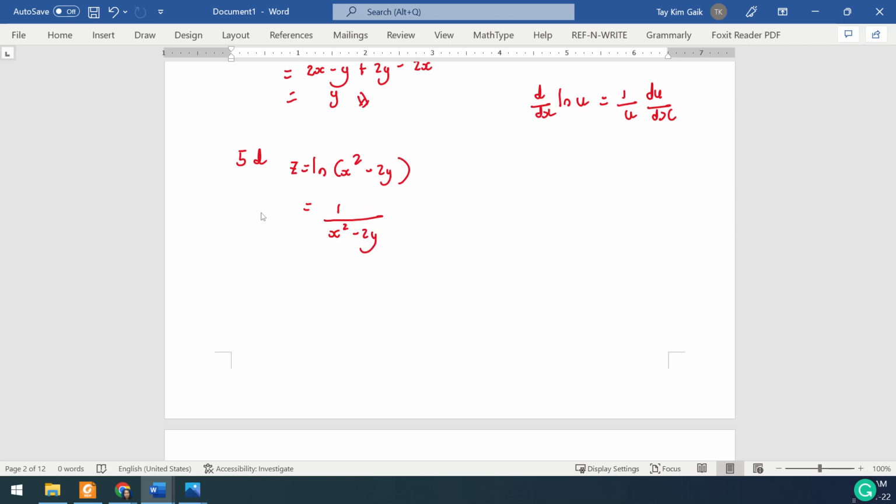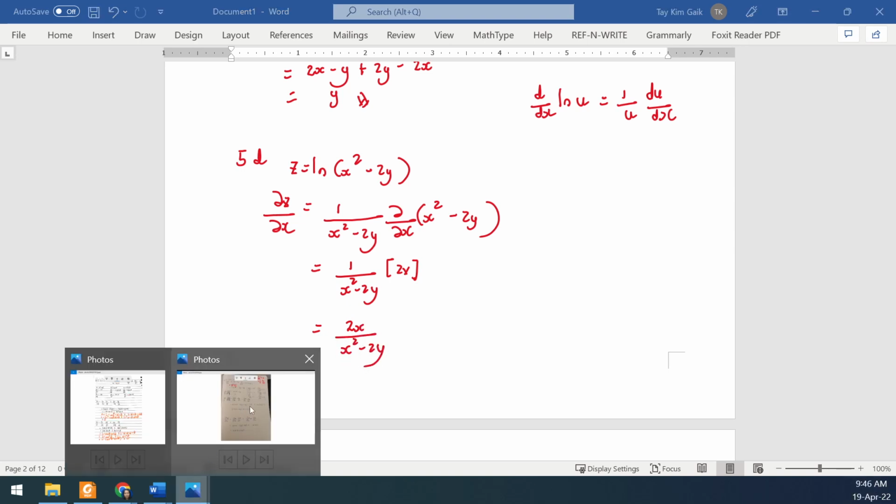And then you want to find del z del x, so you del x of x squared minus 2y. Del x squared, you have 2x, because when you del x negative 2y, this is 0. So the answer is 2x over x squared minus 2y.